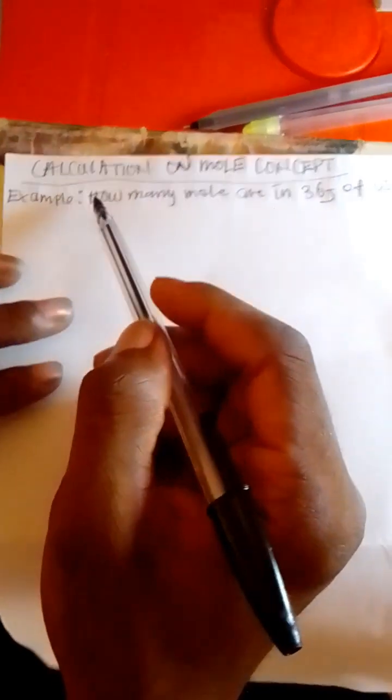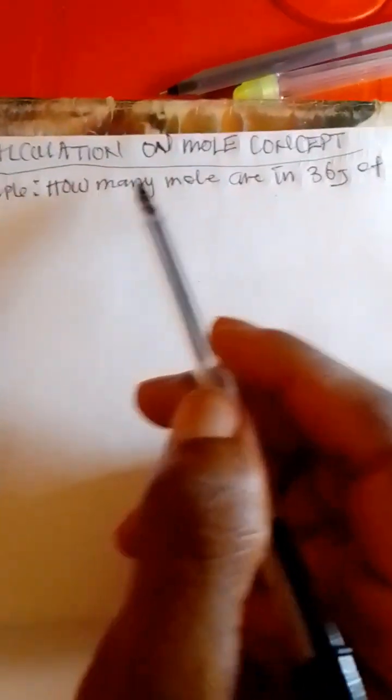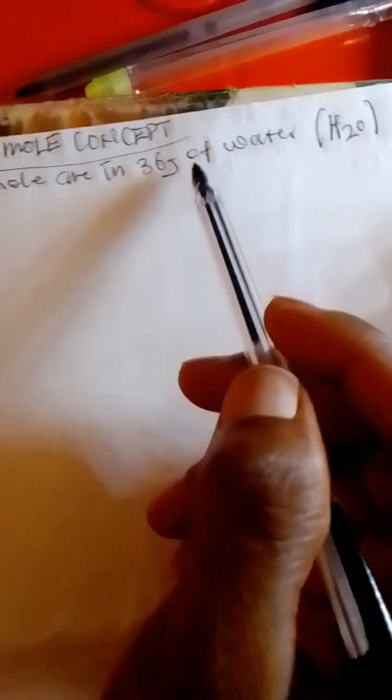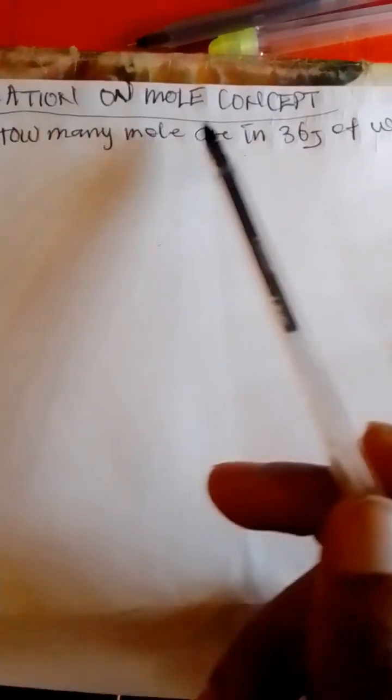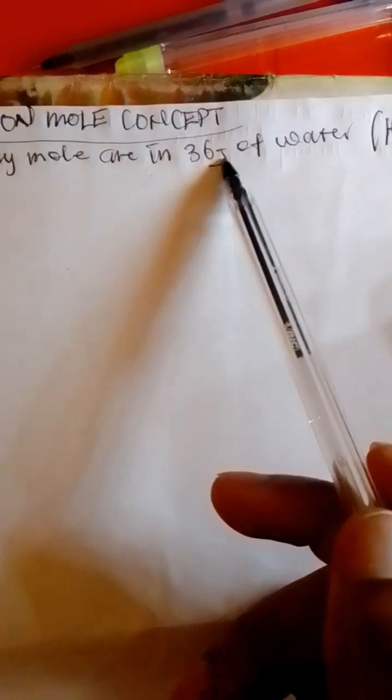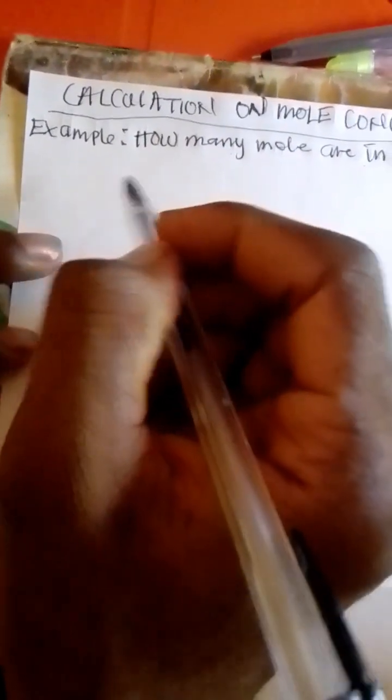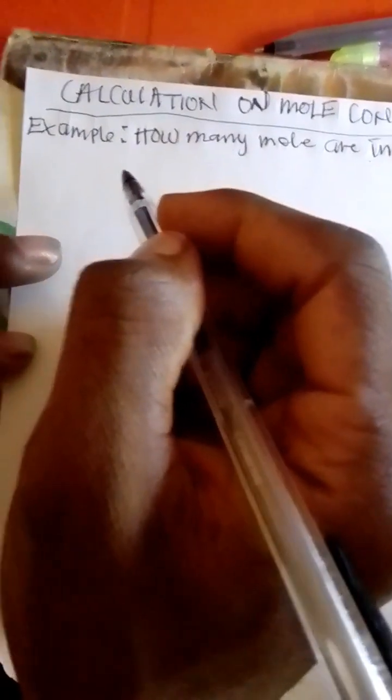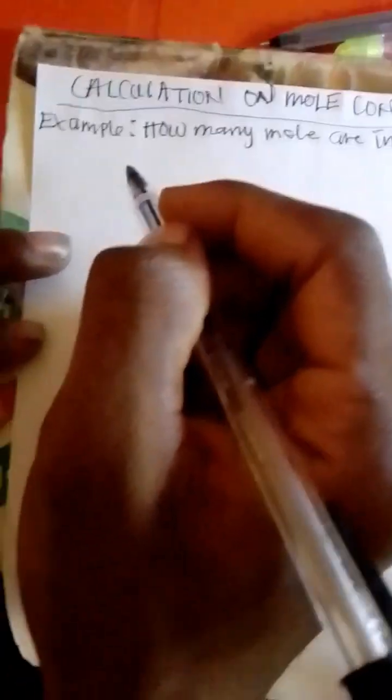So we are going to start with example 1 that says: how many moles are in 36 grams of water? First of all, you have to know the right formula to use in the calculation.